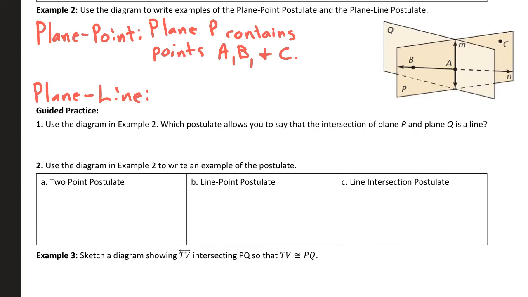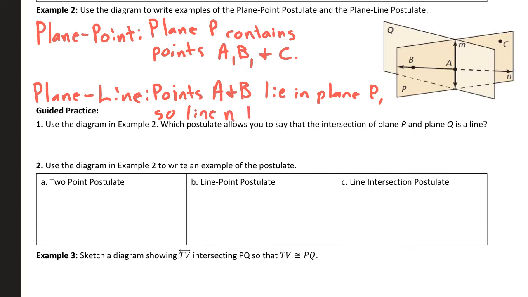So the way I would describe this one, I would say points A and B lie in plane P. So since A and B lie in plane P, that means that line N lies in plane P also. So all it is is applying the postulate and getting an example of that postulate from the diagram.